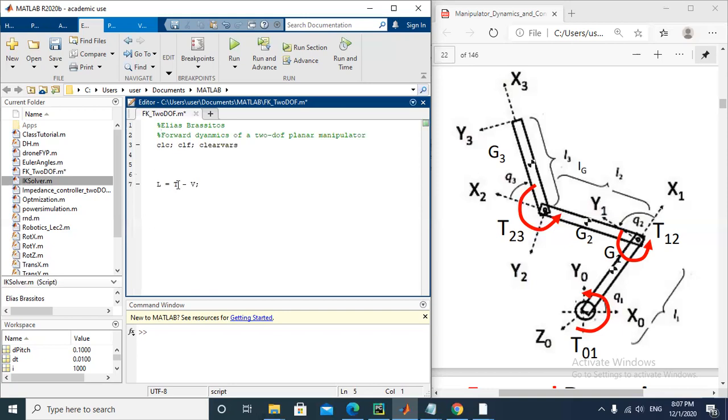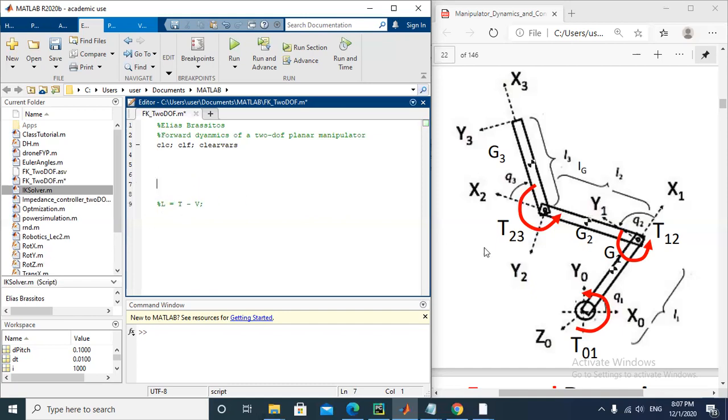We have 2 links, and the kinetic energy in this link is equal to 1/2 m times the velocity of the center of gravity squared. If you decompose the velocity of the center of gravity into Vx and Vy, we can obtain it by differentiating the position, and then we can get the velocity. This is just the general equation for Lagrange.